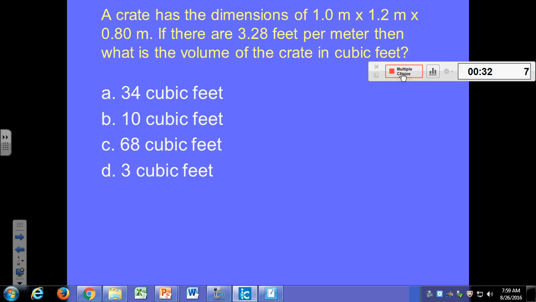You need to find the volume and then convert that volume to cubic feet. Remember, you can ask your neighbor what they put.